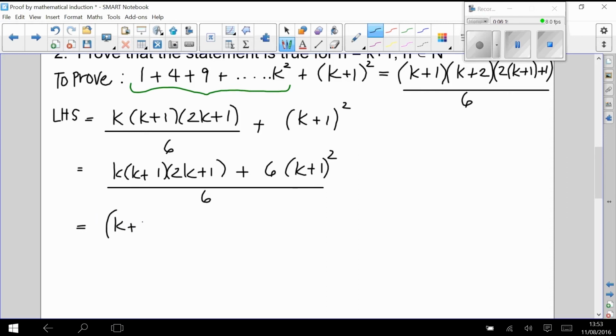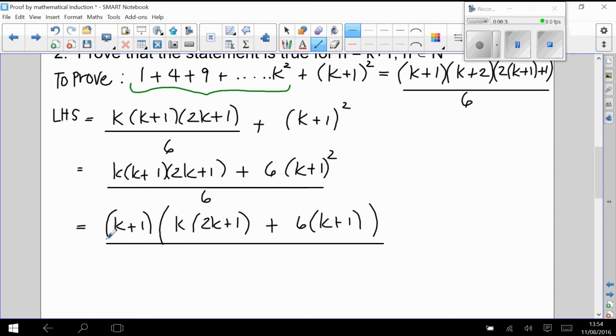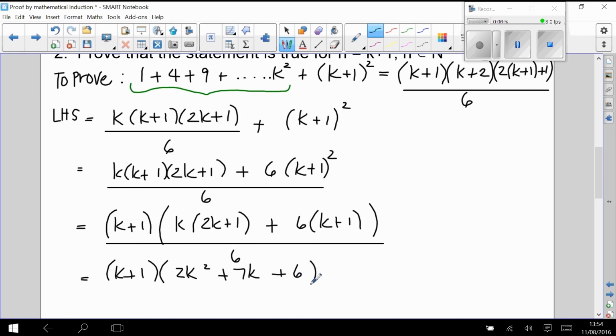So I'm going to take out that common factor, which means that I'm left with k times 2k plus 1, and then added to 6 times k plus 1 from the second term, divided by 6. Now I don't want to disrupt that k plus 1 bracket, so now I'm just going to work in that second bracket. So now I have k plus 1. In the second bracket, I've got 2k squared plus k plus another 6k, which is 7k, and then I've got plus 6.